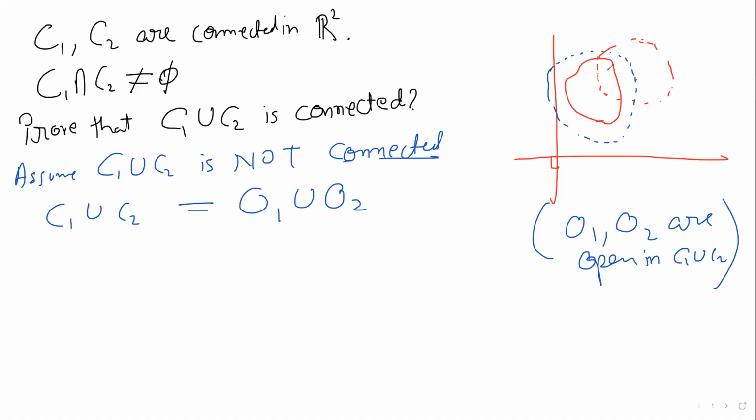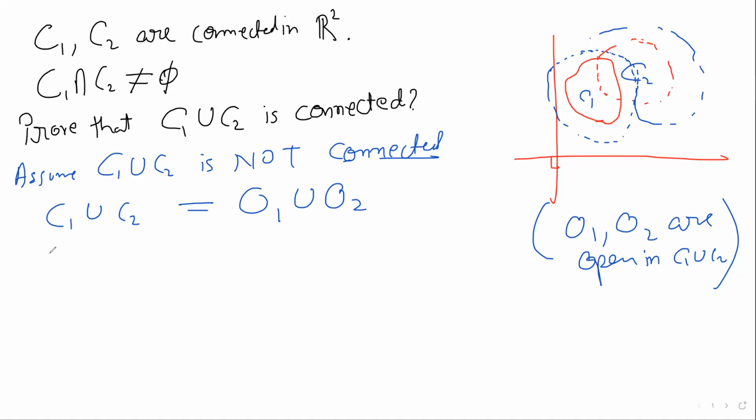Okay, you can draw a bigger one. But the point is that O2 is disjoint, right? It means that O2 will be somewhat like this. But then you see, it's breaking up C2. If you call this one C1 and this one C2, then you see O1 union O2 is breaking up C2 in a non-trivial way, right?